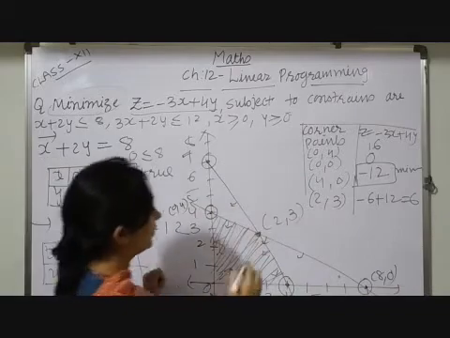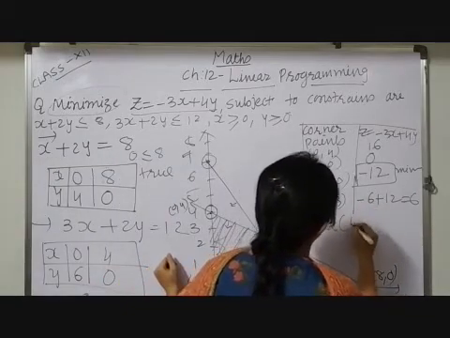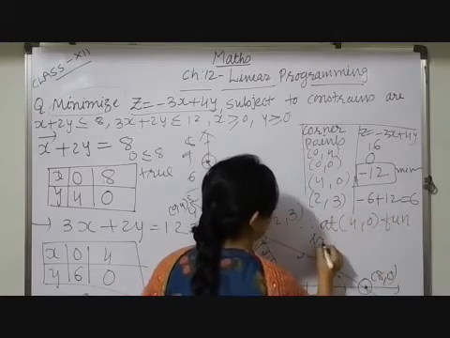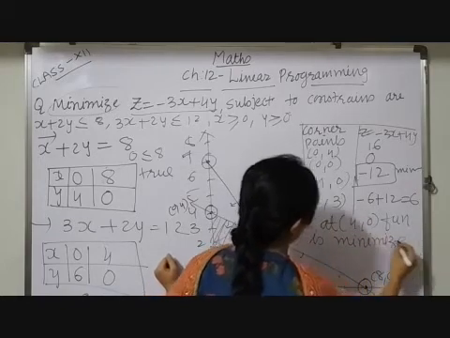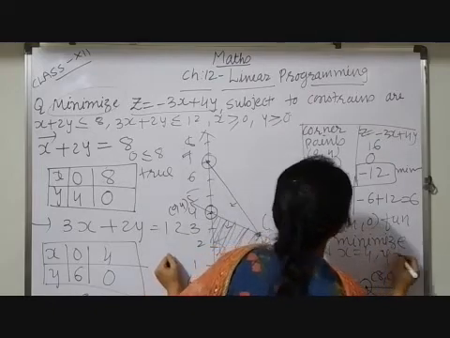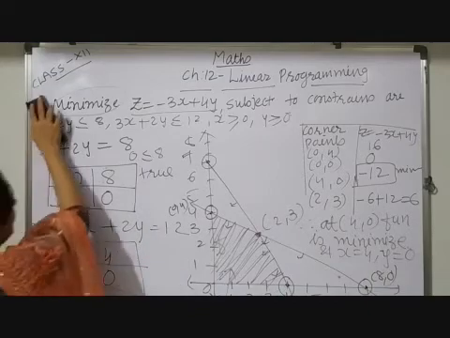Therefore, at (4, 0) the function is minimized, with x = 4 and y = 0. After that we write down the minimum value.